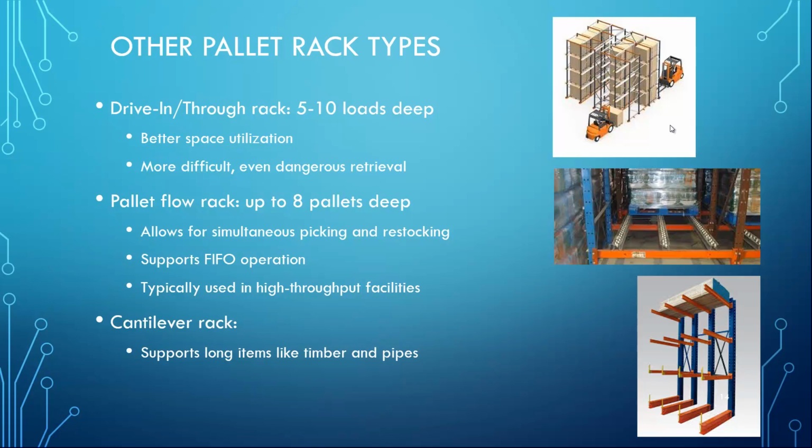When we say drive in through the rack, it can take up to 5 or 10 loads of depth, which is better space utilization but more difficult, even dangerous retrieval, when you have to drive in and take one of the 5 loads or 2 loads or something like that from the inside. So it's better utilization but more difficult and dangerous.